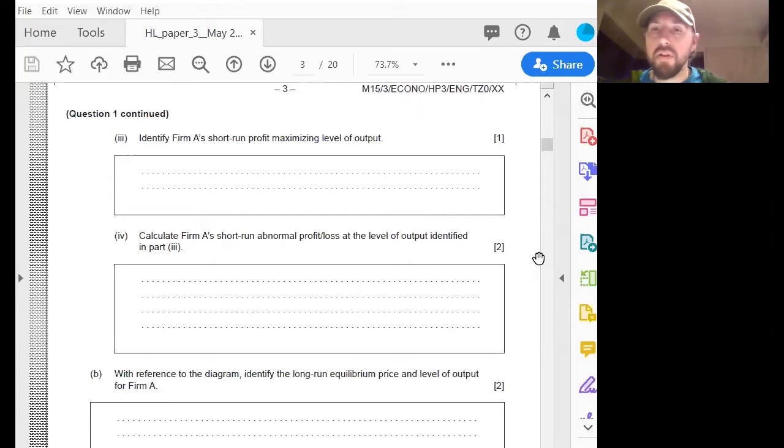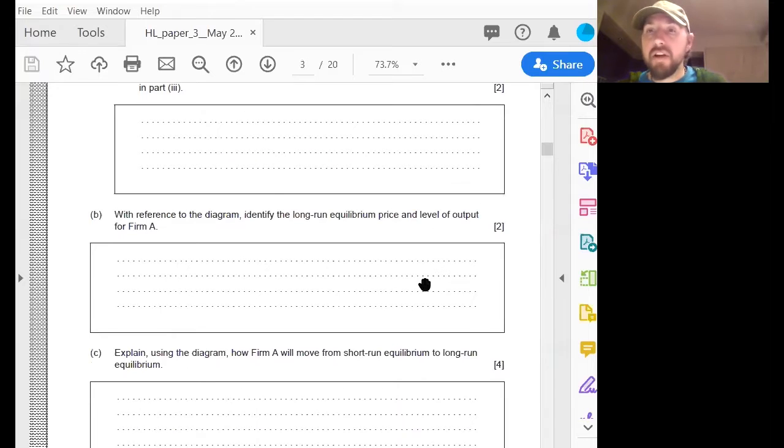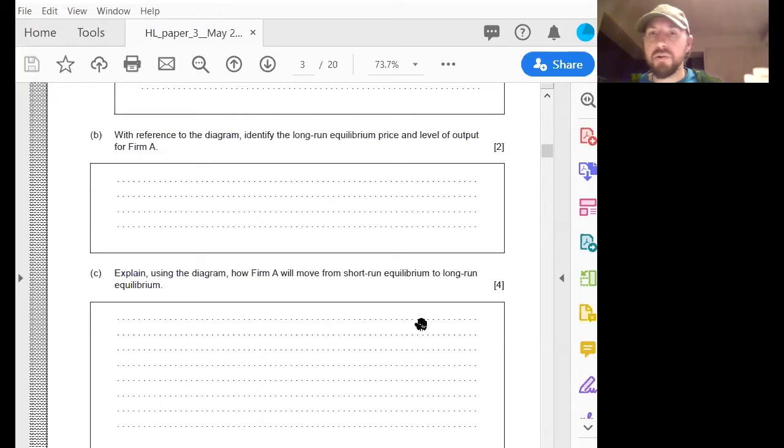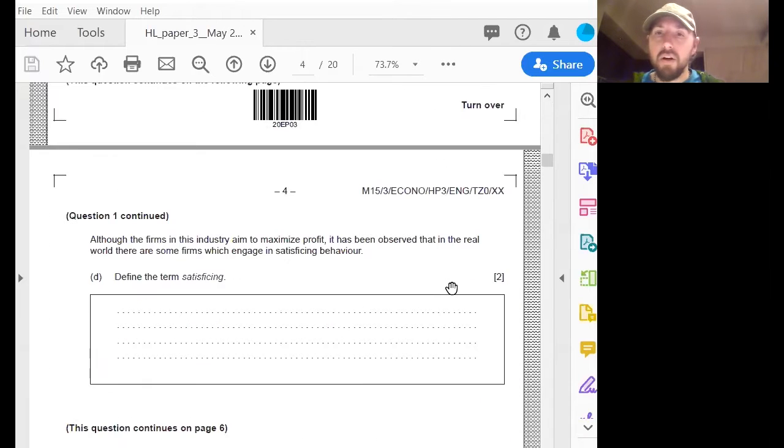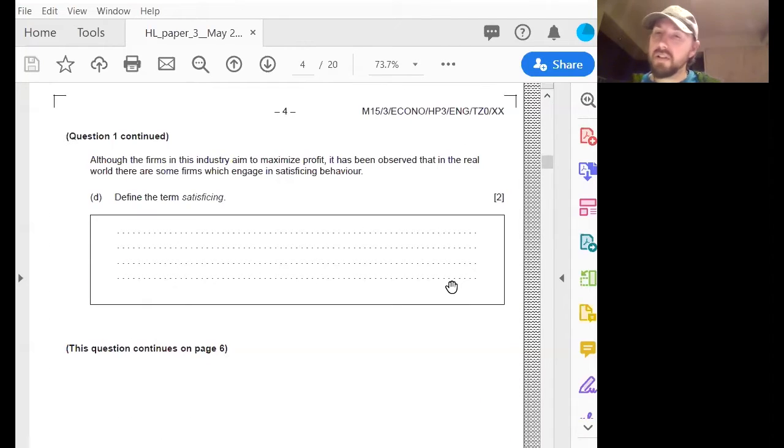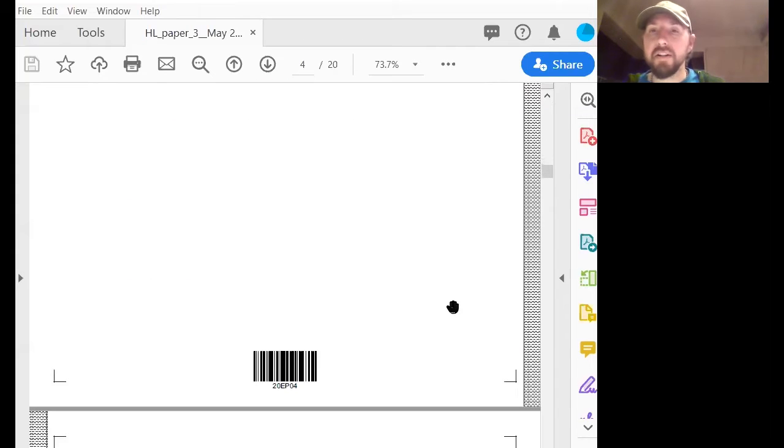But you notice the words that they use there. Reference the diagram, show the long run. So all the stuff you see on the graph, just go step by step. And then there's the explanation. Notice it's worth a little bit more points. Explain how it goes from short run to long run. And then there's satisficing, which I come back to later.